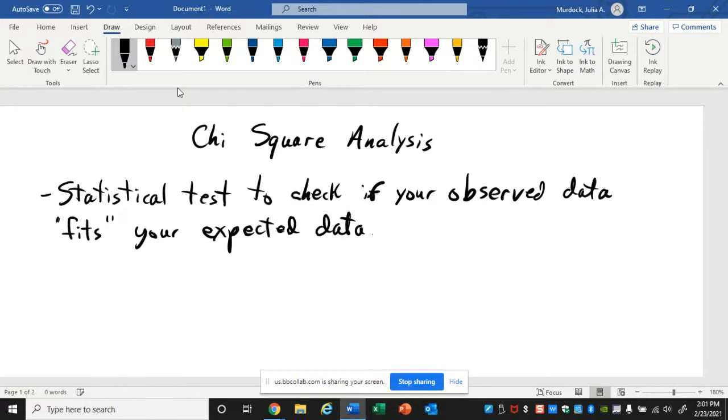A lot of times they call it a best fit test. Chi-square analysis test is a best fit test.